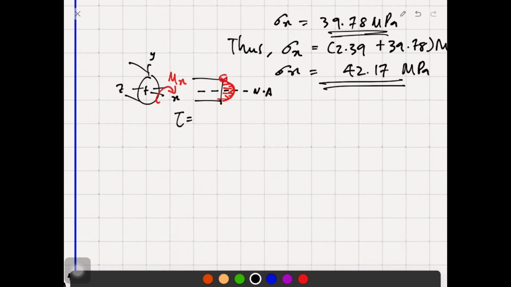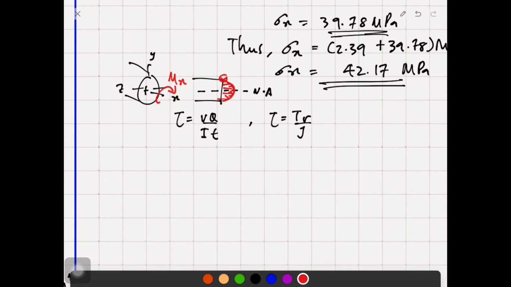First of all, the first tau is VQ over It, and the other one, tau torsion, is equivalent to T times R divided by J. In this case, what happens with transverse shear? Is it going to cause any stress at point E?